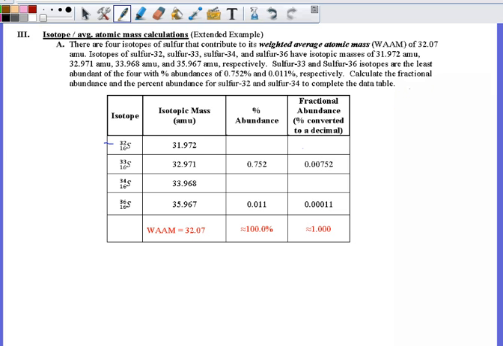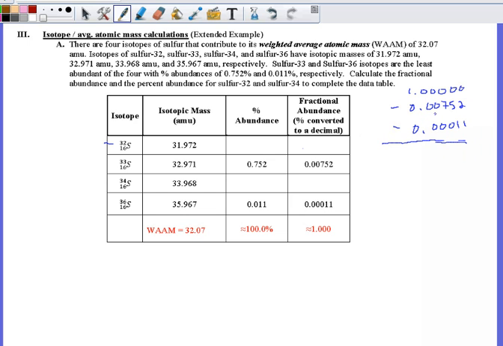So I can say 1.000, or however many zeros I want, and I can subtract from that 0.00752, and I can subtract from that 0.00011. I'll just put another 0 on there. Since those are 5 decimal places, I'll make that 5 decimal places for the time being.